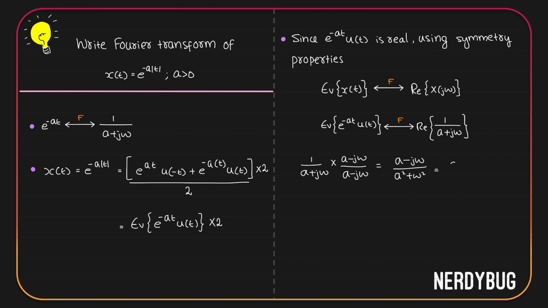Splitting the terms, a by a square plus omega square minus j omega by a square plus omega square. So this is the real part, this is the imaginary part.